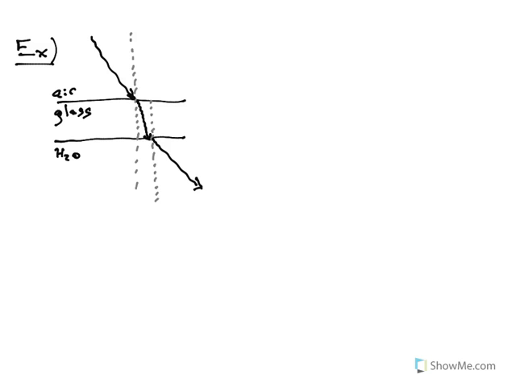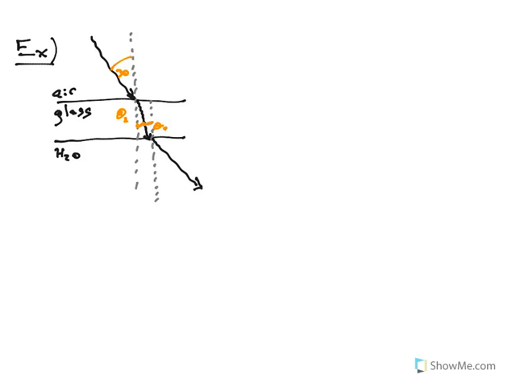So what do we have? Let's say the light comes in at 30 degrees. Goes into the glass, let's say at theta 2. Well, notice just by symmetry, if it comes into the glass at theta 2, then it's the same angle when it hits from the glass to the water.